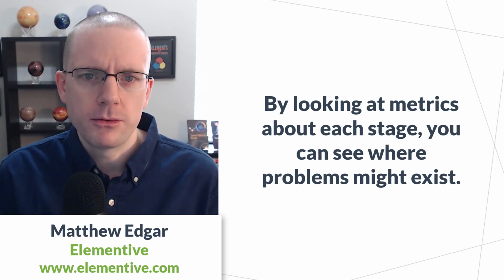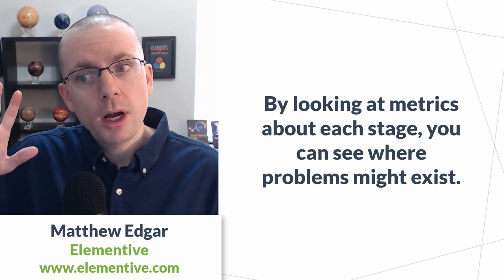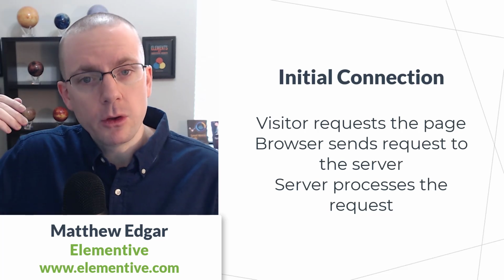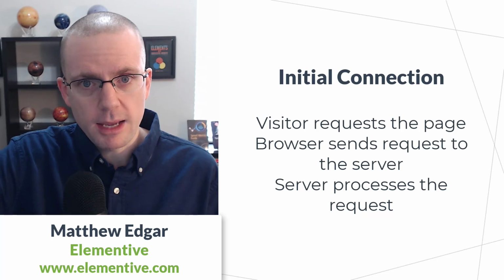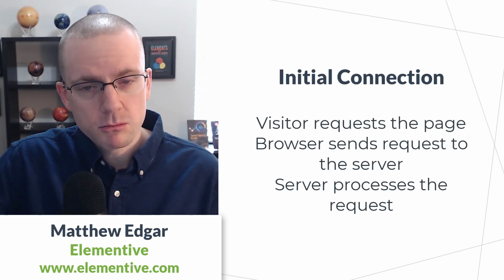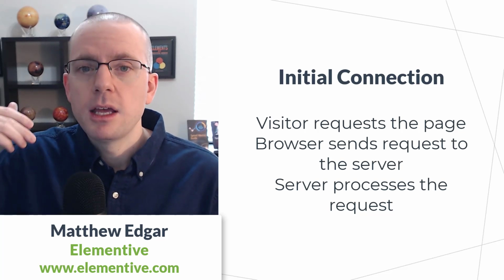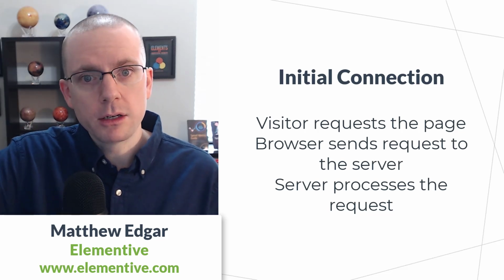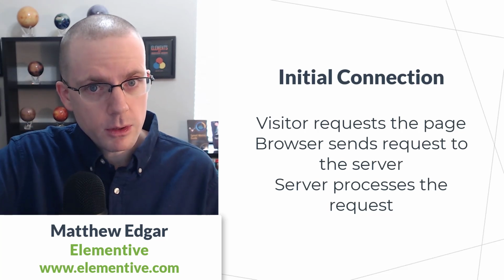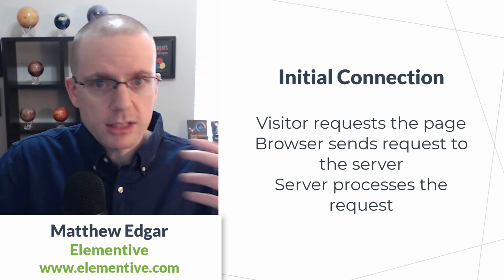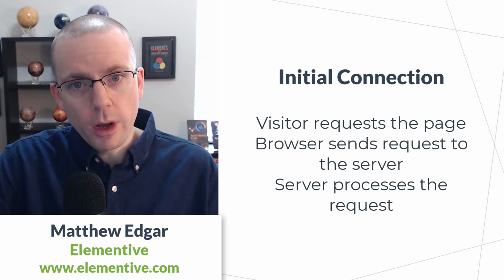I'm going to oversimplify this quite a bit. So initially, we have the request come in from the visitor that they want to visit a particular website, and that request is made in the browser. So once the browser receives that request, the browser has to send the request along to that particular website's server. The server then receives that request and has to process all the files associated with the requested page.